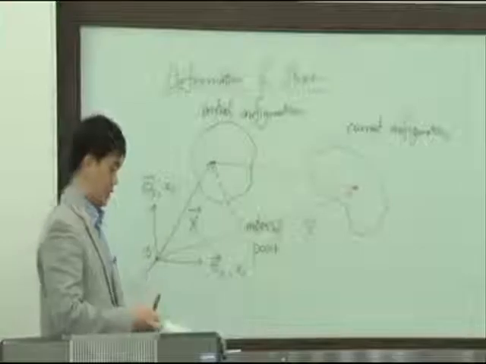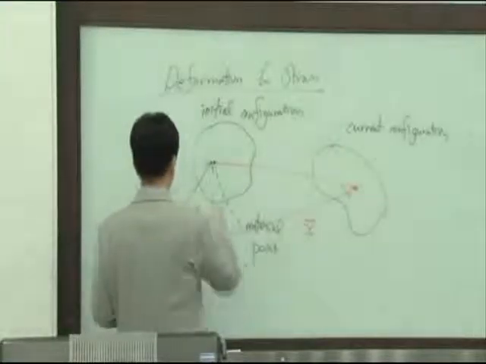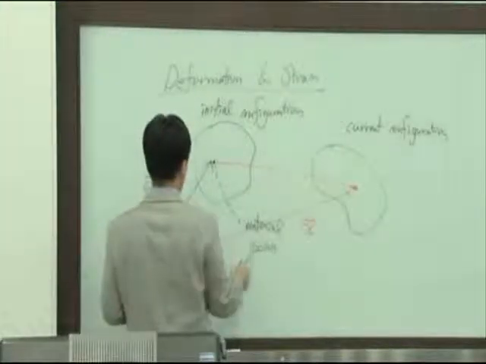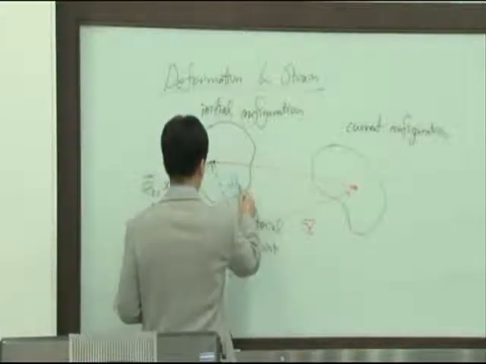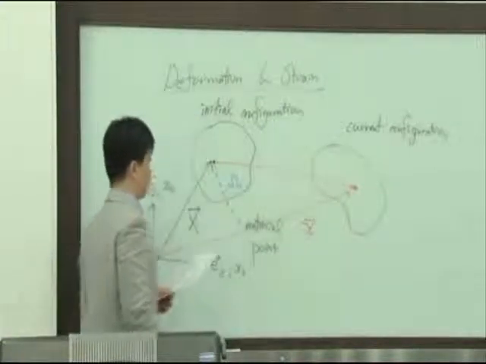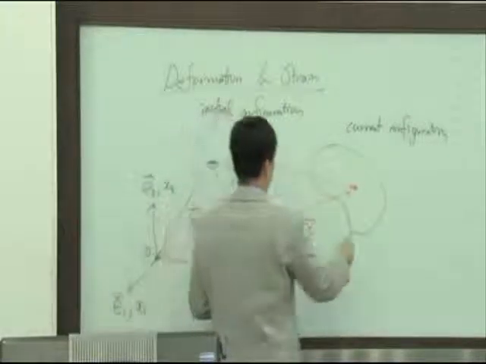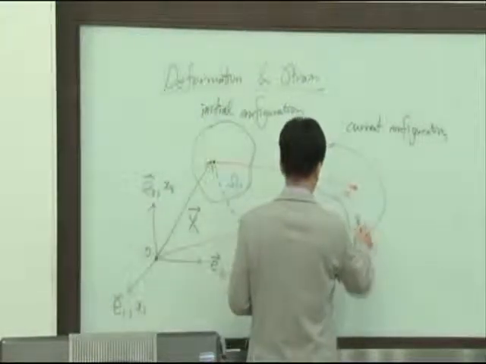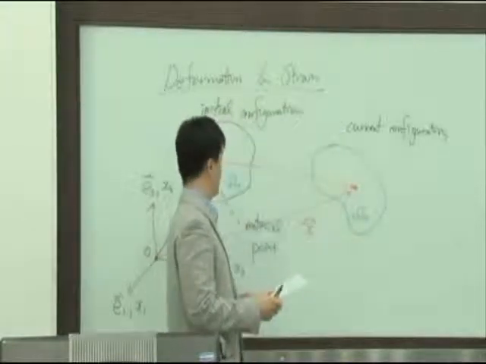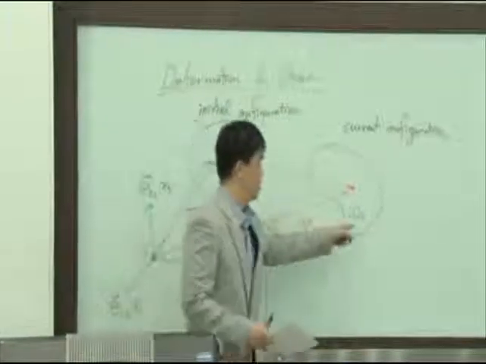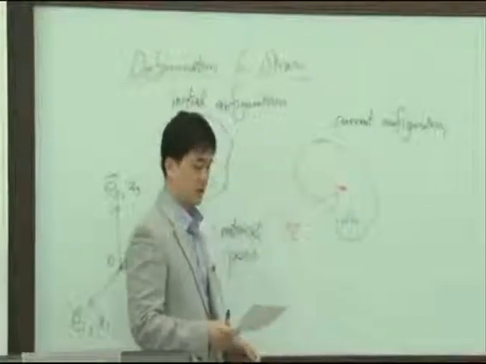Right? And initially the original body has a volume omega 0 and the current body has a volume omega t. Well, we can say this is a domain or volume. Okay?